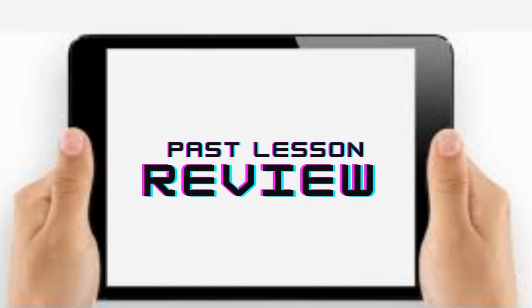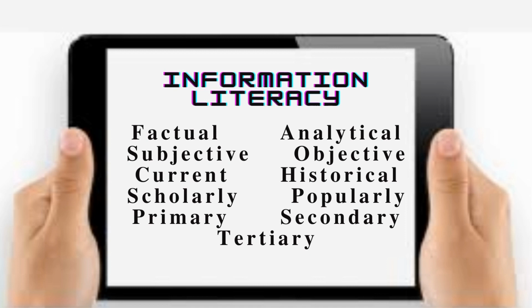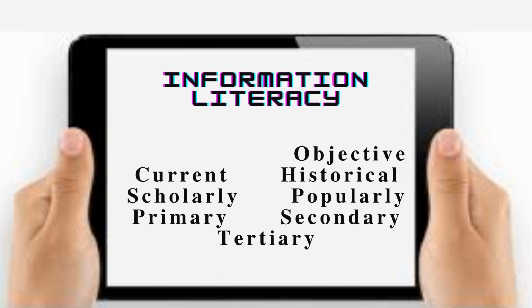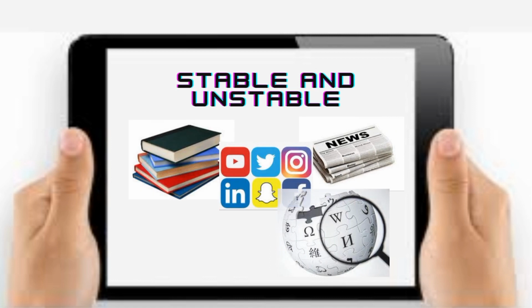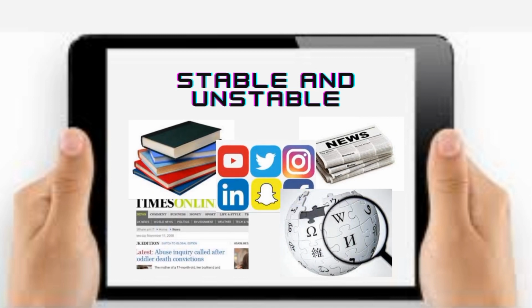During the last topic, we talked about information literacy. In this lesson, we will unfold the ideas of different types of resources that we can maximize offline and online. We were also able to identify primary, secondary, and tertiary resources, along with the stable and unstable resources of information.